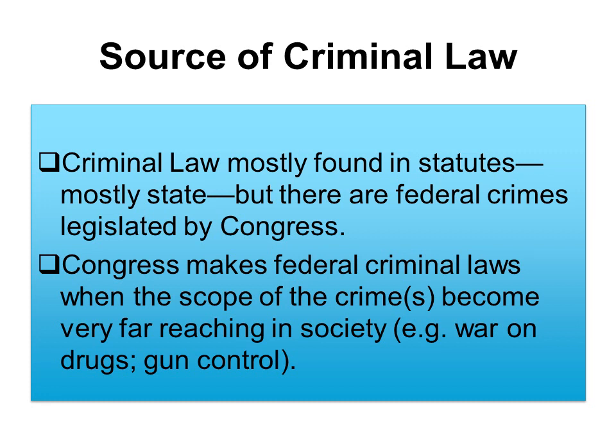But when there are problems nationwide that have a much larger scope, drugs, for example, gun control, these are areas that the Congress of the United States has chosen to become involved with in terms of making statutes, legislation that reach into the area of criminal law.